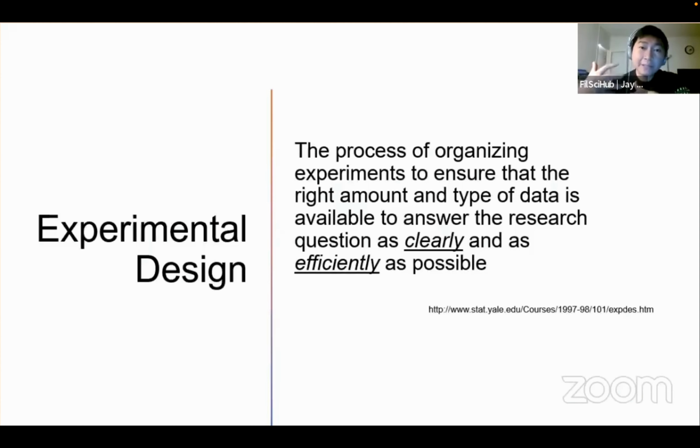Now, the experimental design will try to cater to each one of those research objectives as clearly and as efficiently as possible. I've written here the right amount and type of data, because we are limited by our resources, our time, and of course budget. So we try to make do with our limited resources.